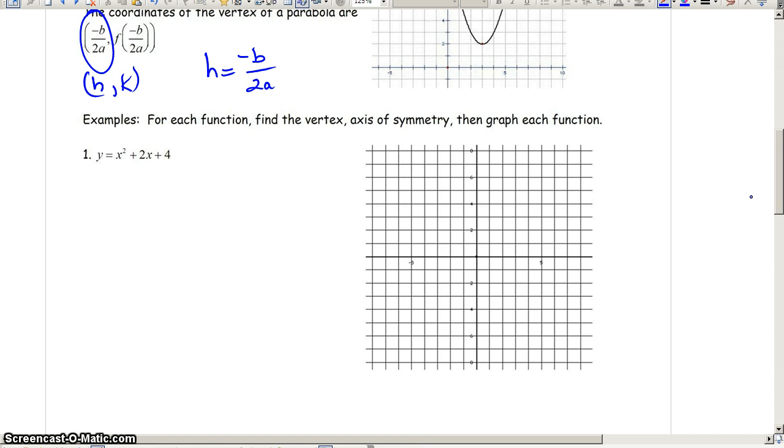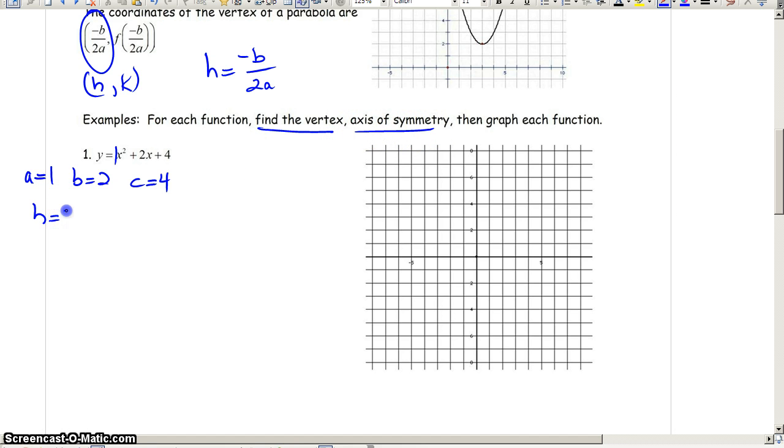For example 1, if we were to graph this, just getting started, a would equal 1. There's a 1 out in front of x squared. b would equal 2, and c would equal 4. But what we're asked to do is to find the vertex and the axis of symmetry.